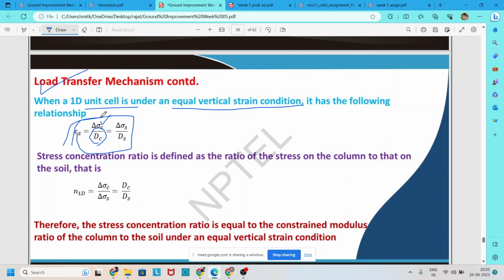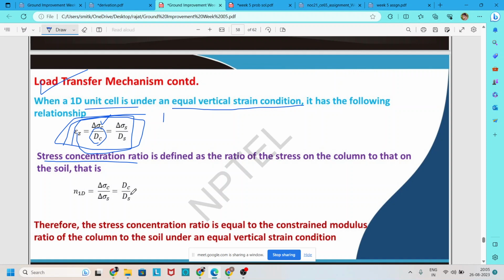So based on this formula, by rearranging it, we can easily find the stress concentration ratio based on the constrained modulus. So we can rearrange it and find that the stress concentration ratio for 1D is equal to the stress on the column divided by the stress on the soil.